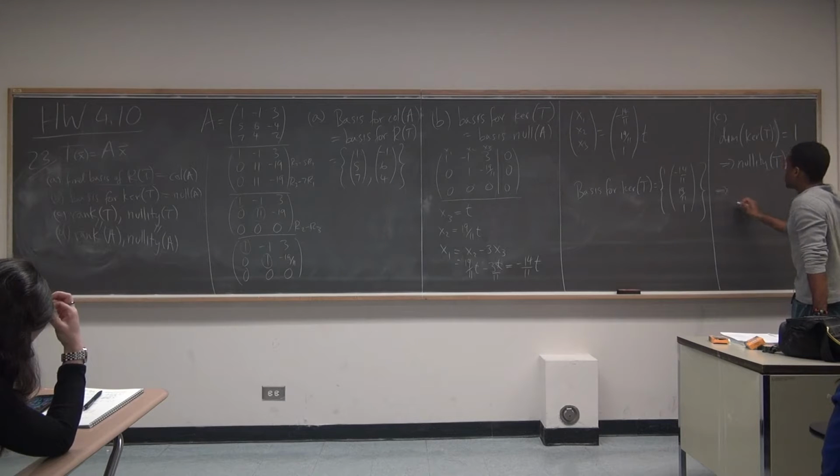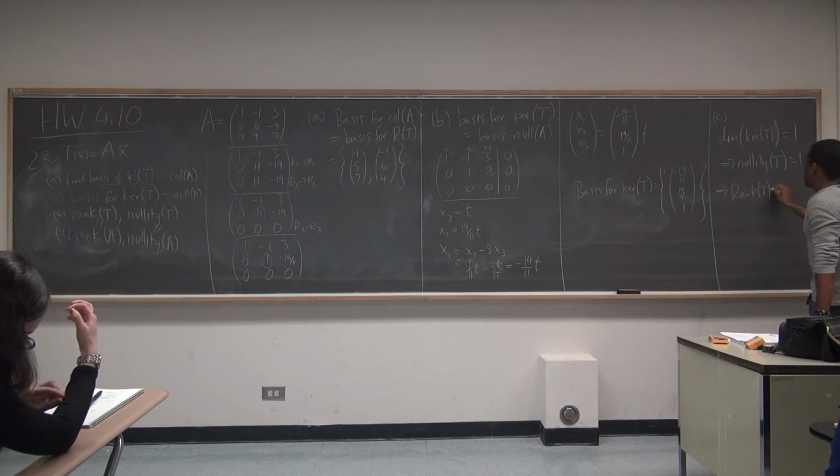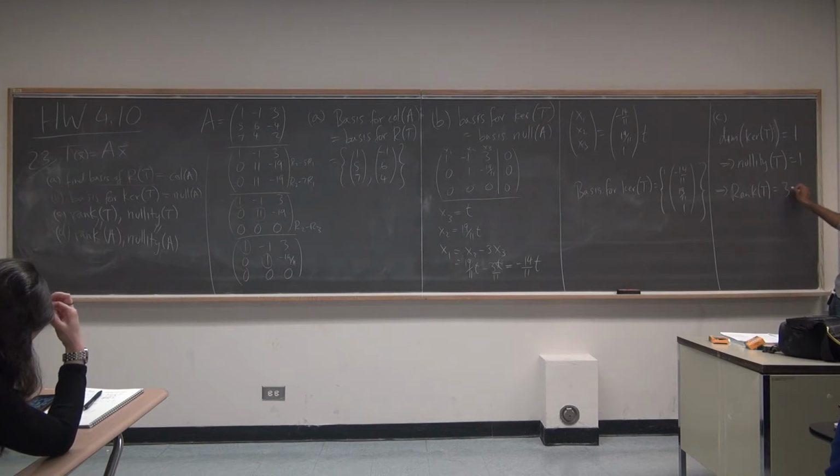And this means the rank of T is equal to 3 minus 1. This is the number of columns, and this is the nullity of T. Right, using the dimension theorem, so the rank is 2.